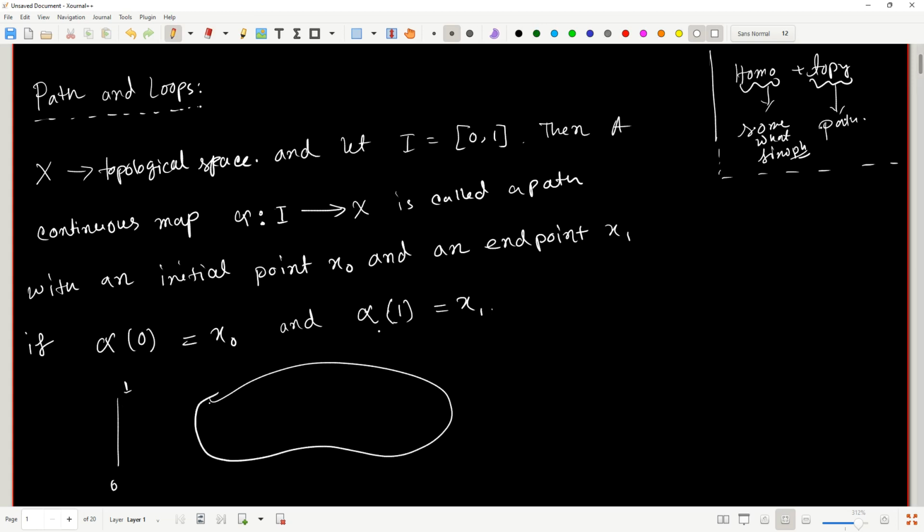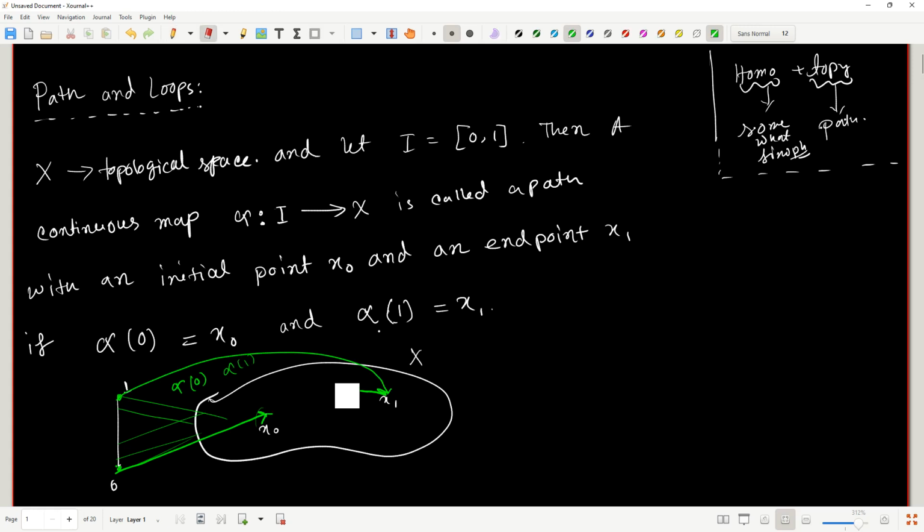And let's say this is my topological space X. I have some point x0, x1, and all the points on this path get mapped to this topological space in such a manner that this map alpha, when it's taking the value to be 0, is giving me x0, that means 0 gets mapped to this x0 point, and when alpha takes the value of 1 from here, it gets mapped to x1, and this is the path. Again, this is a continuous map, so maybe I should use another color for that. So let's use this yellow color.